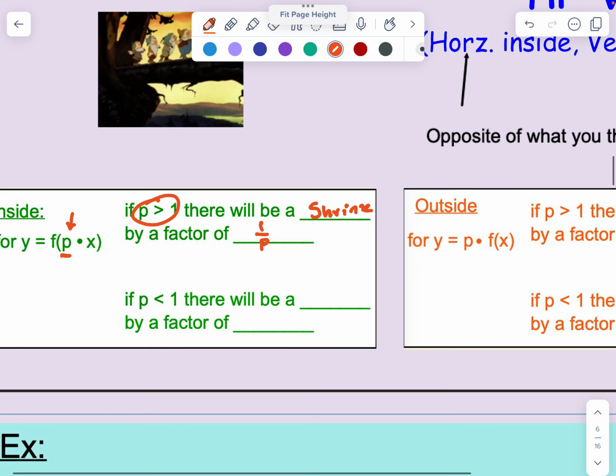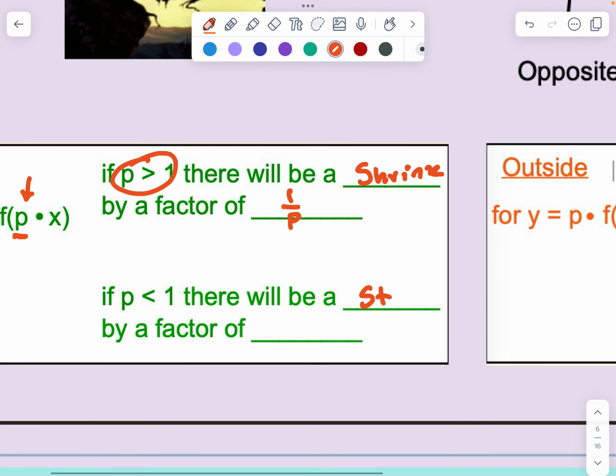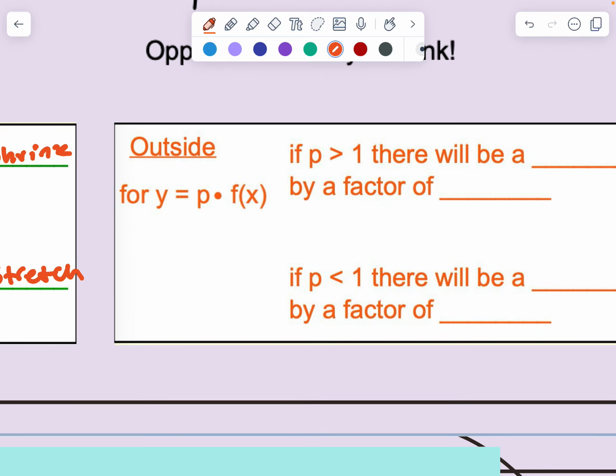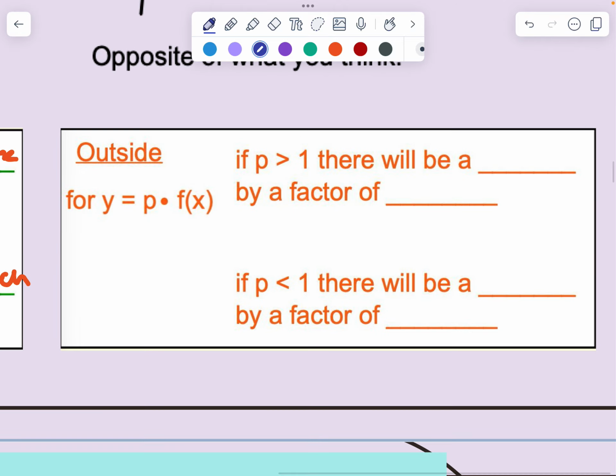If P is less than 1, it is going to be a stretch by a factor of P. The opposite is true, as we've been talking about, for outside. If P is above 1 and P is outside the function, it's going to do exactly what it looks like. It's going to be a stretch by that factor of P. And if P is less than 1, it's going to be a shrink by a factor of 1 over P.